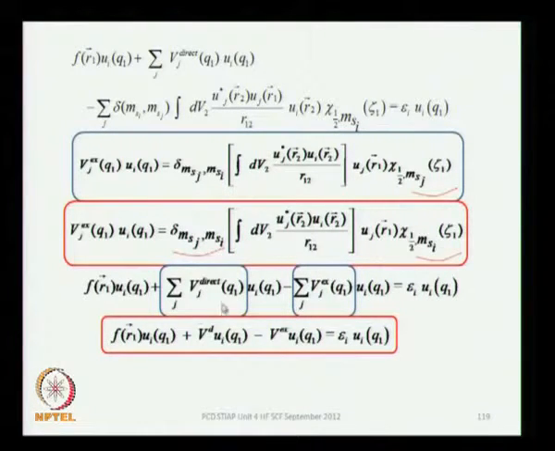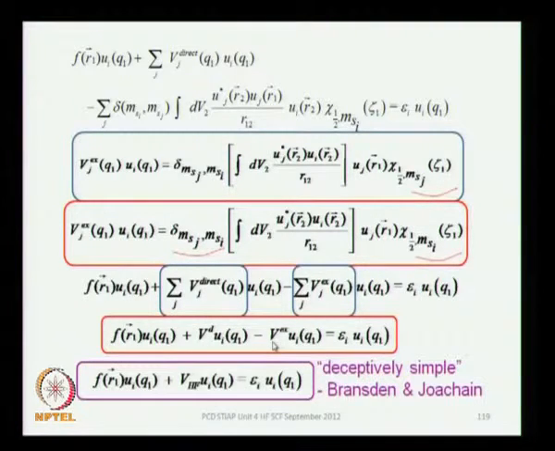You can sum over j to give you this operator V with a superscript D for direct, and this operator V with a superscript X for exchange. Okay. And you have this Coulomb minus the exchange operator, and you find that this is written in a form which looks like an eigenvalue equation.